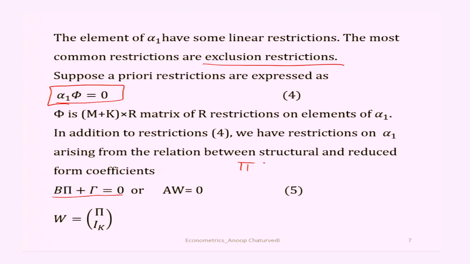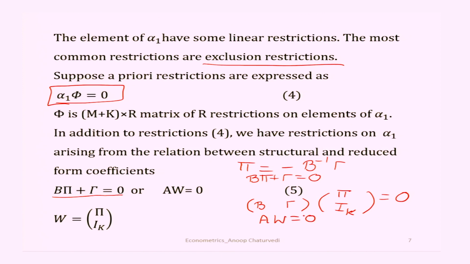Actually, pi is equal to minus B inverse gamma, or you can say B pi plus gamma equal to 0, or you can write it as (B, gamma) times (pi, I_k) equal to 0, and then we are writing (B, gamma) equal to A and (pi, I_k) equal to W. So, you get A W equal to 0.